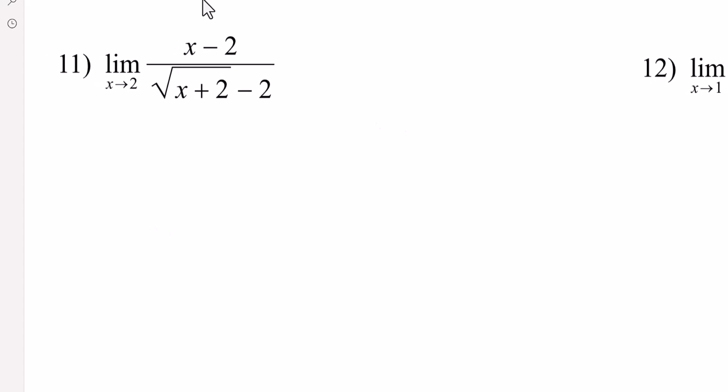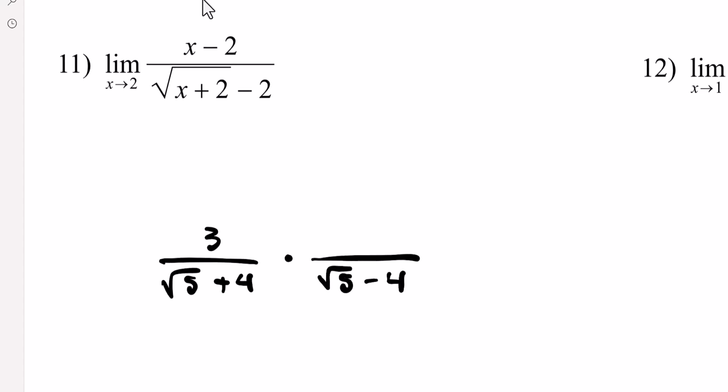These are rational, meaning fractional, with radical signs. Remember when you did these in probably Algebra 2 or pre-calc, when you're rationalizing, say you had 3 over root 5 plus 4. To rationalize the denominator, you multiply numerator and denominator by the conjugate.